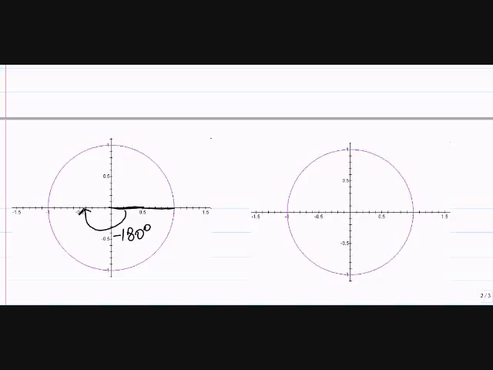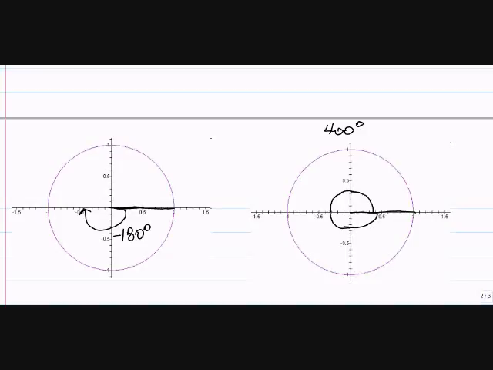So let's try to graph an angle. Let's go for a 400-degree angle. I'm going to start here, and I'm going to go 90, 180, 270, 360.